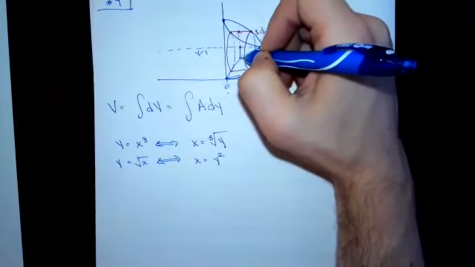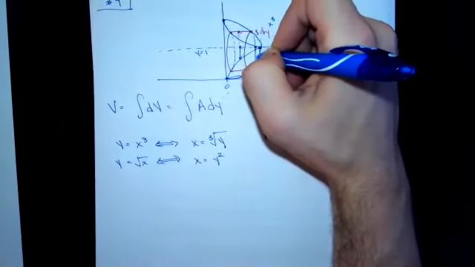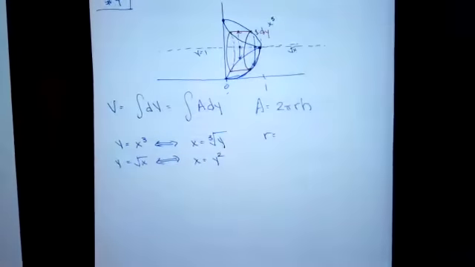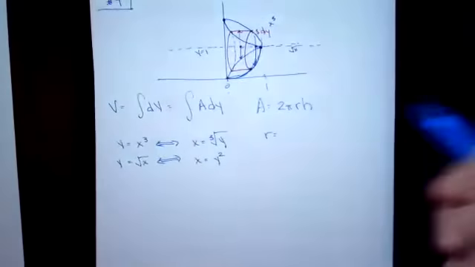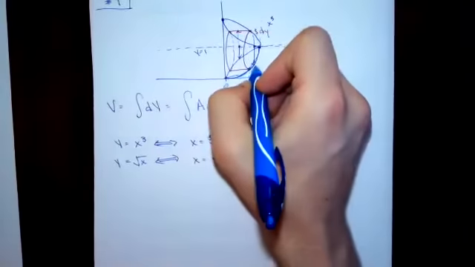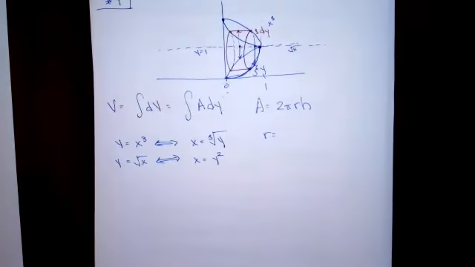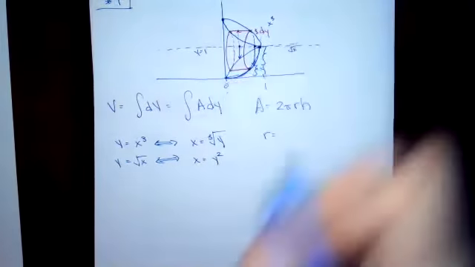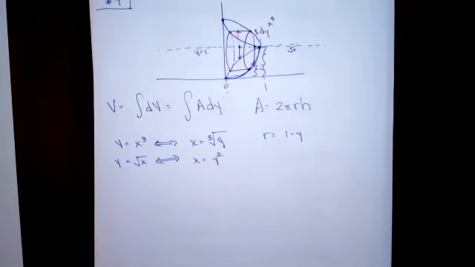So we're not going to hit that one. It's actually going to go to the outermost function. So the radius goes from 1 down to this function. So what is our radius? That distance is our y value, and I'm actually wondering now if this method will even work. And so this distance here is going to be 1 minus y.